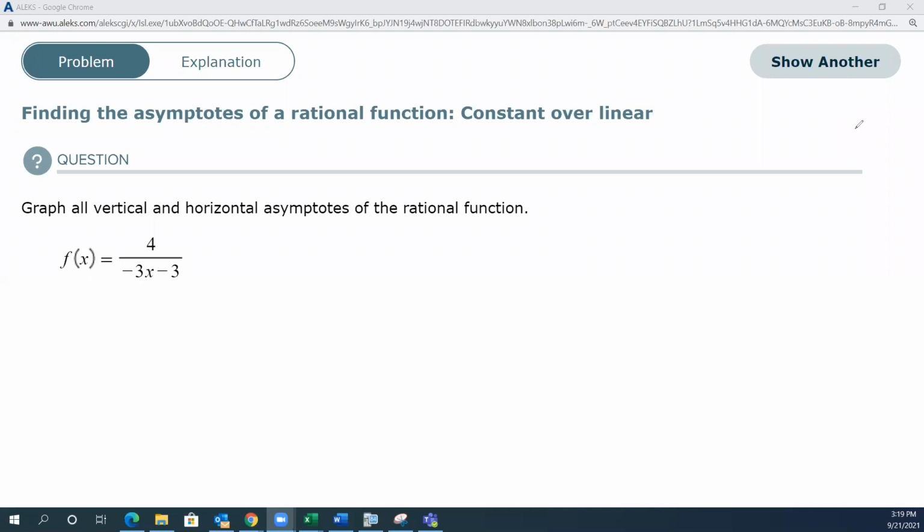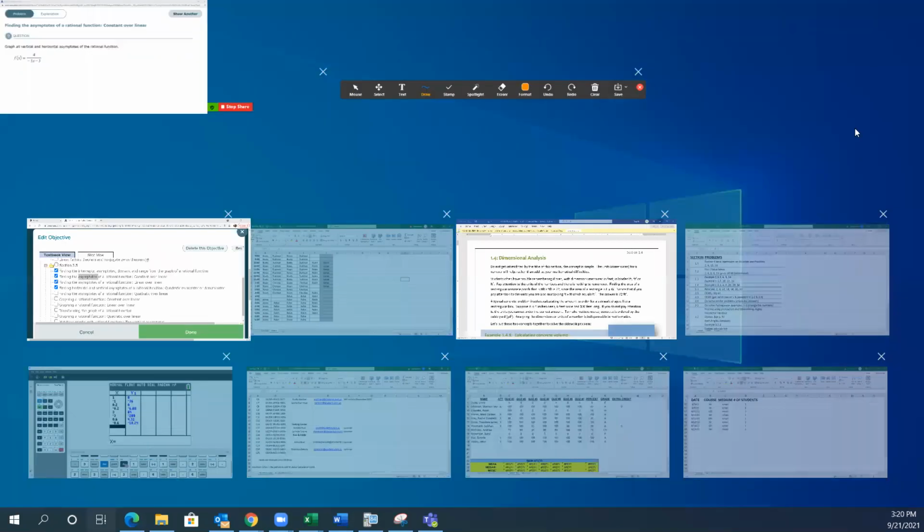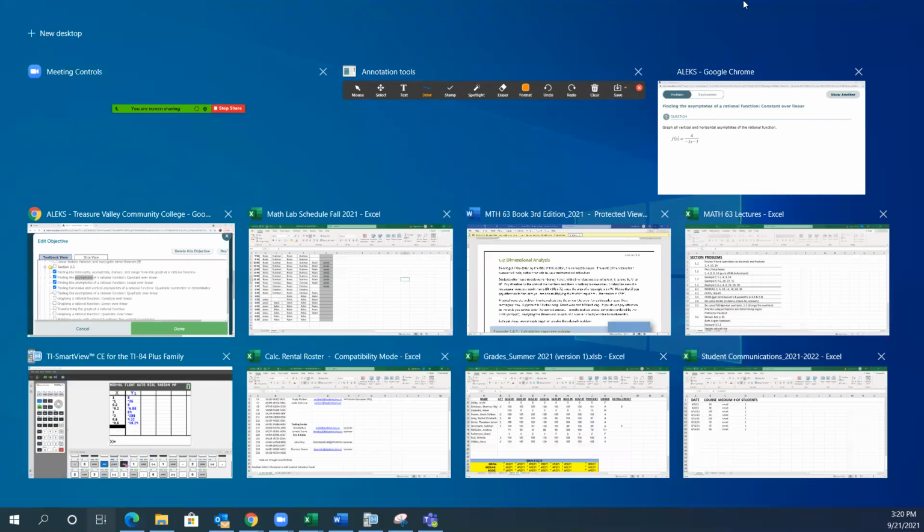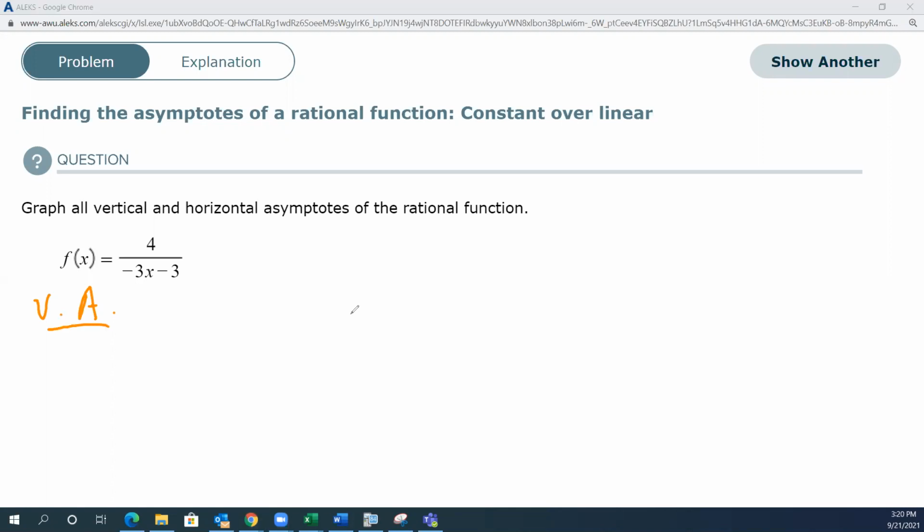Okay, so now it says, let's graph all vertical and horizontal asymptotes of the function, any that might be there. Vertical asymptotes occur where the function is undefined, or where the denominator is equal to 0.